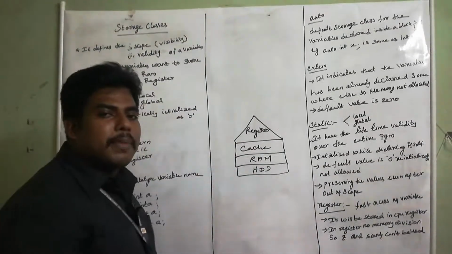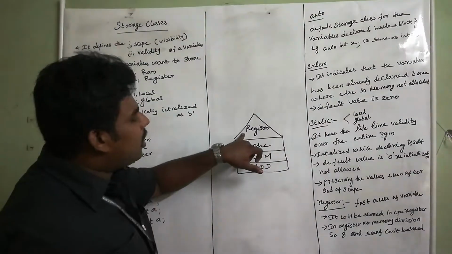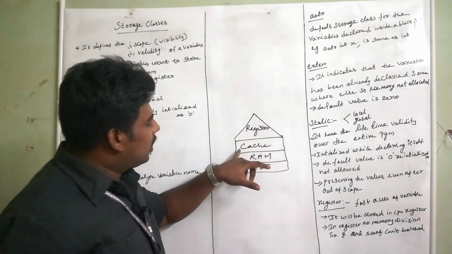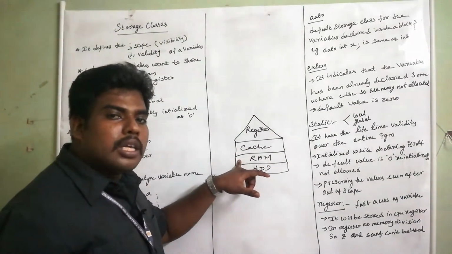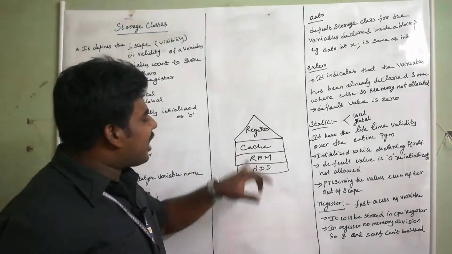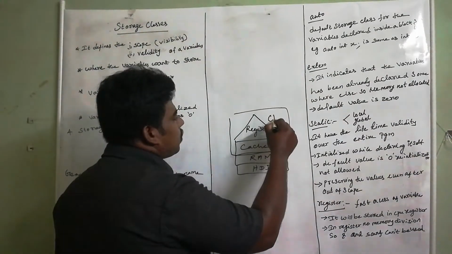This is the memory hierarchy. The highest speed memory is register, but the space is very less. The second high speed memory is cache memory. The third is RAM. After that only hard disk. The register and cache are present inside the processor CPU itself.